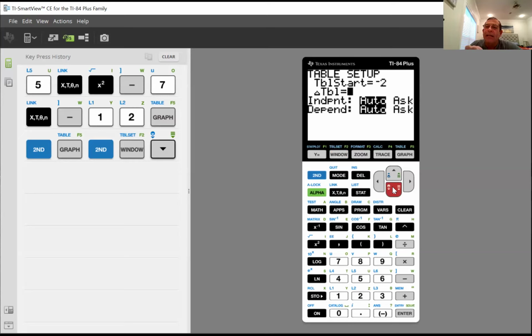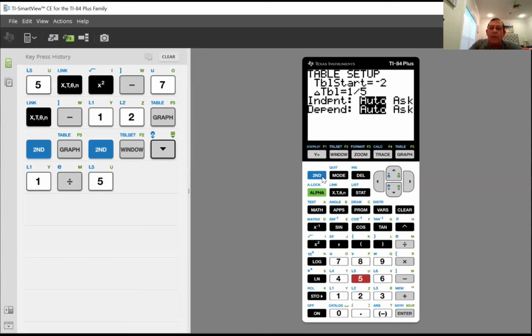That's the change in the table. Since my equation had a 5 in the front, the change in table has to be a 1 divided by 5. Whatever number's in front of the x squared, you'll have 1 divided by that number, okay?